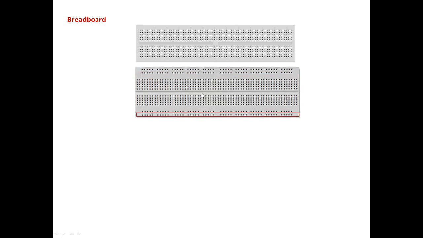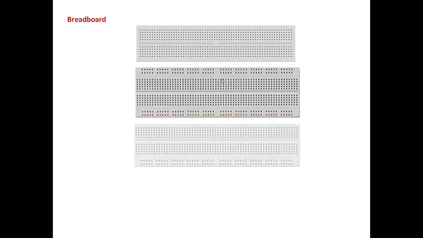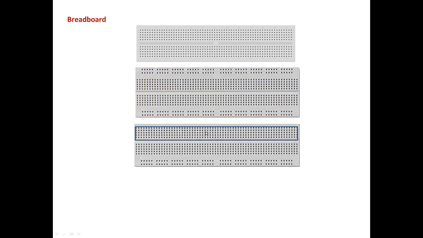Some of you will have this kind of prototype board. Some of you will have this simple one. Some of you will have this type of breadboard. There is another one that some people will use, which has 2 power supply rails. So we still have the top bank, the bottom bank, and then those 2 power supply rails.